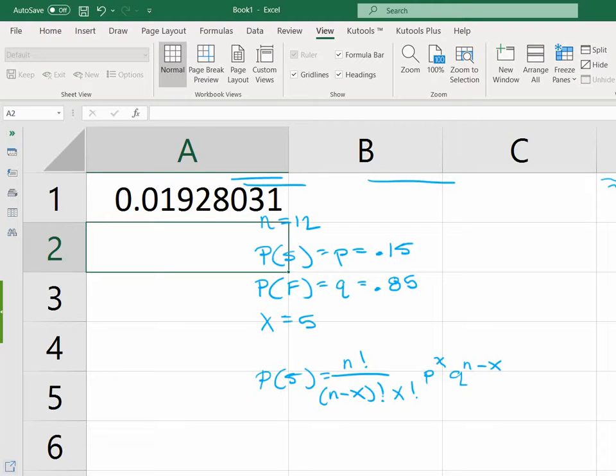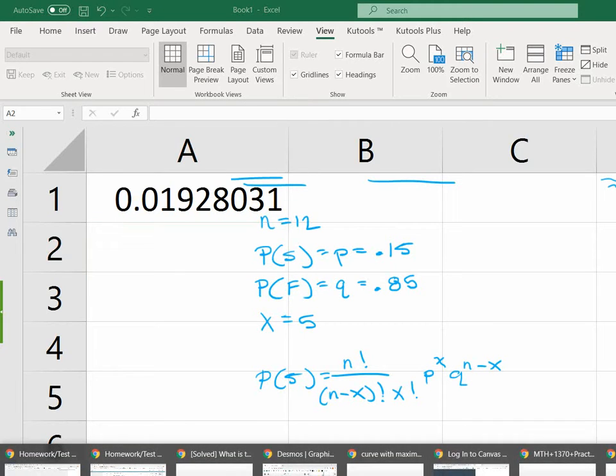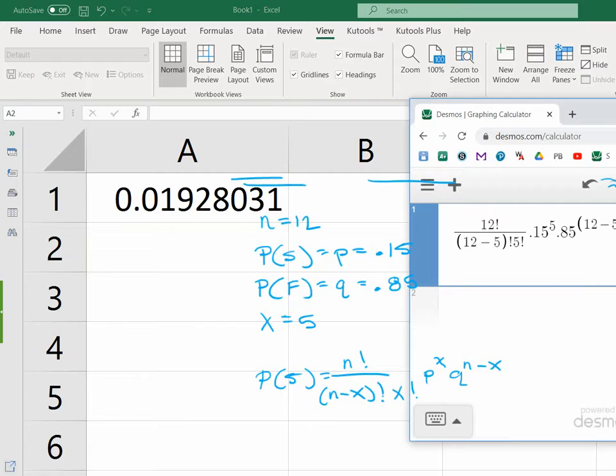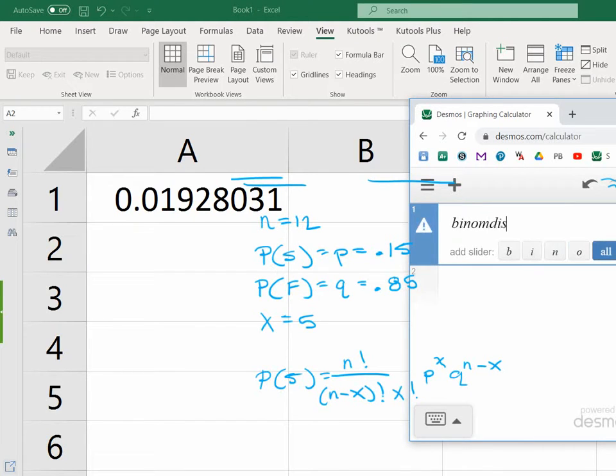I don't know if Desmos has a binomial distribution. Let's see. It does.